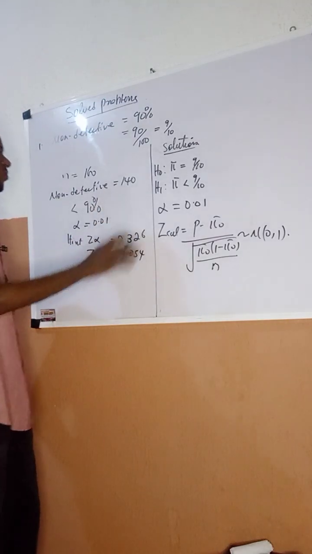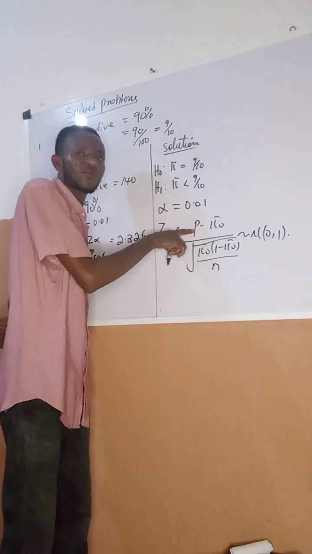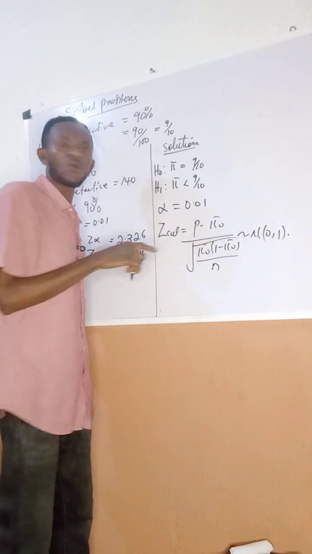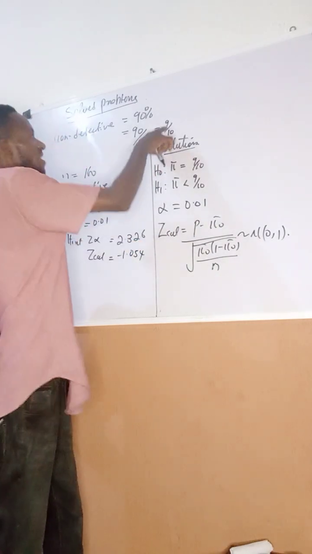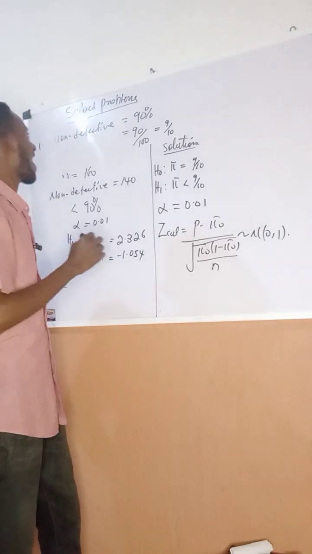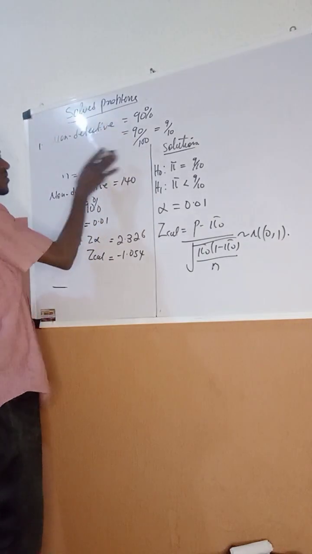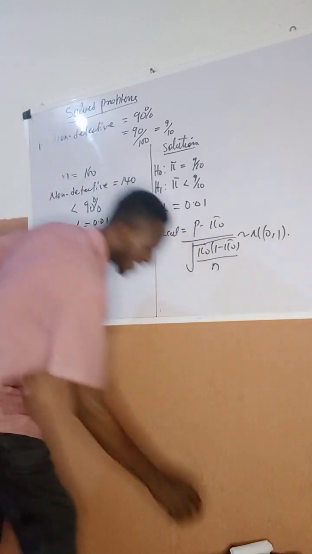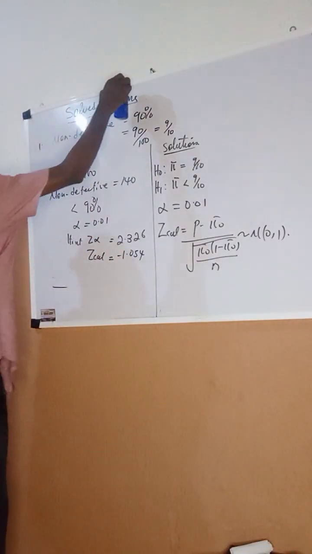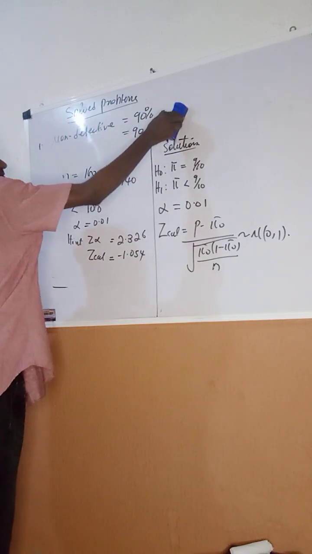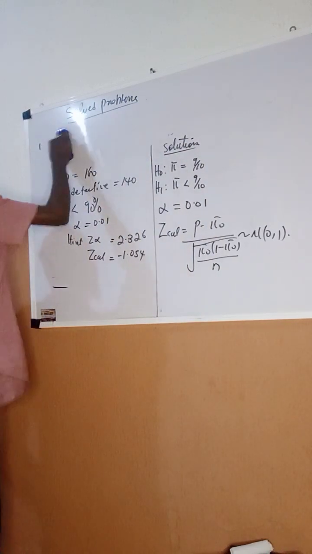So we are now going to first obtain the value of our p, because we know that our pi 0 is given as 9/10. I'll clean this top to be able to see what we are doing clearly. We should remember that this is 0.9 or 9/10.